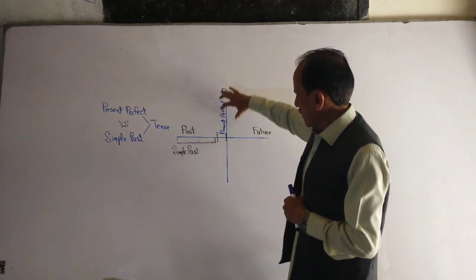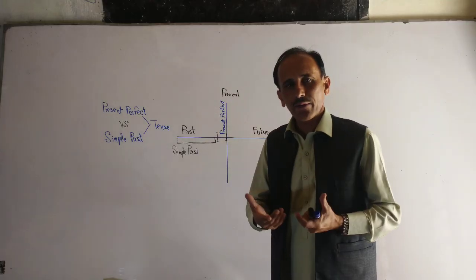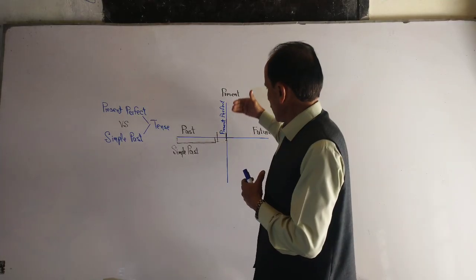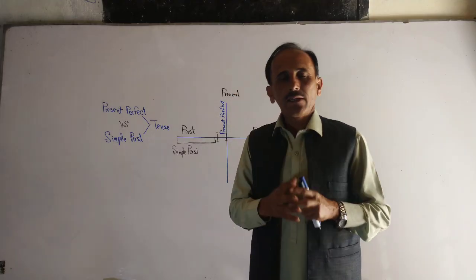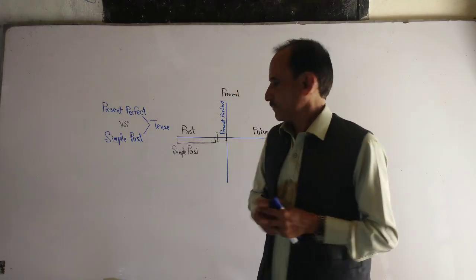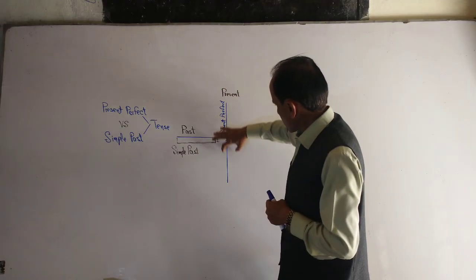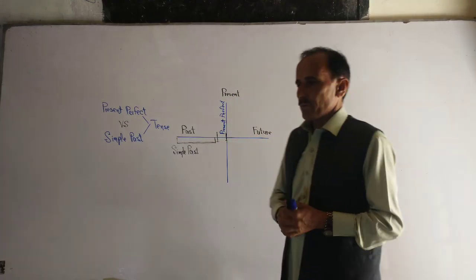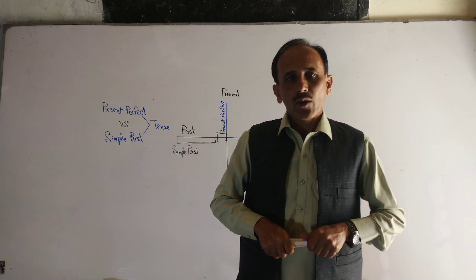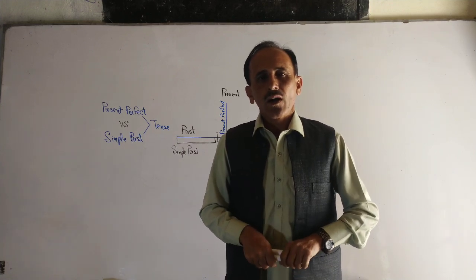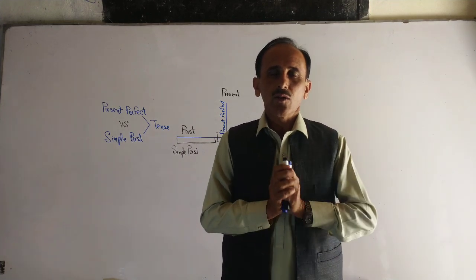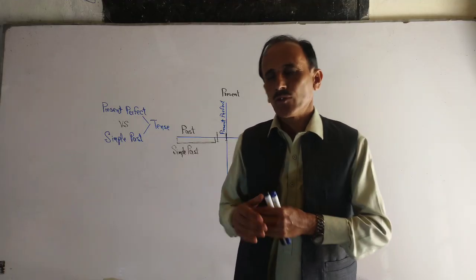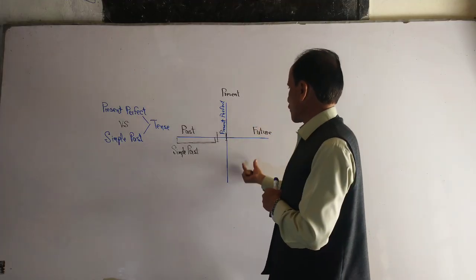And when an action is happening, for example a person is doing some work, then we use the present tense. And when something will happen in the coming time, we use the future tense.